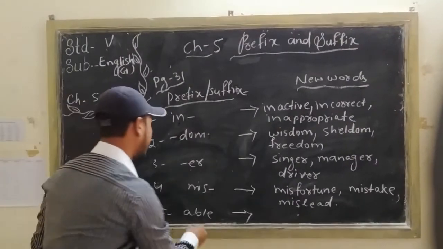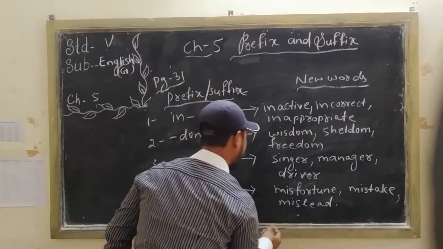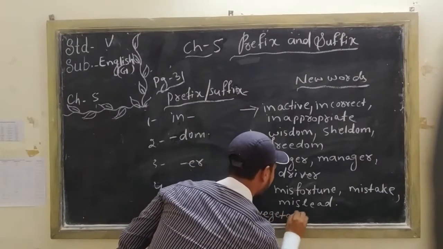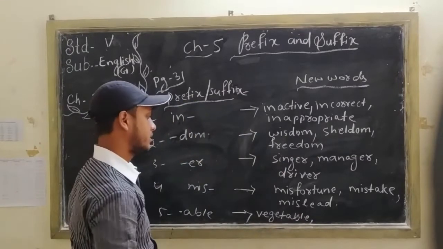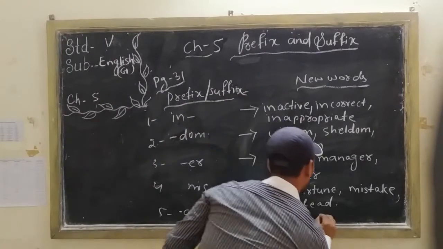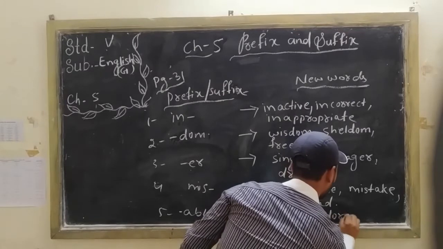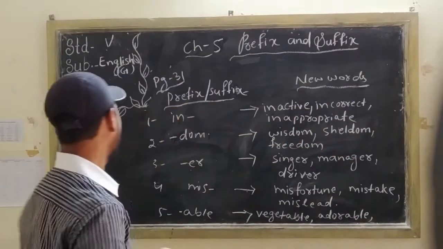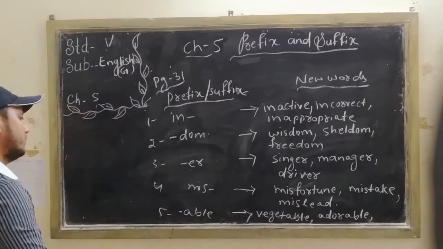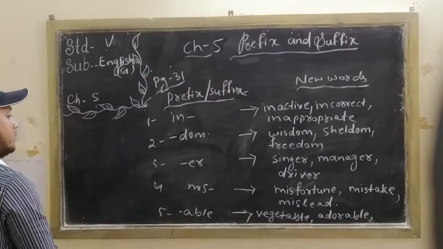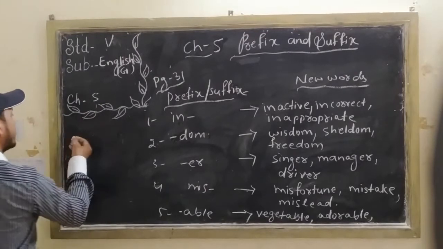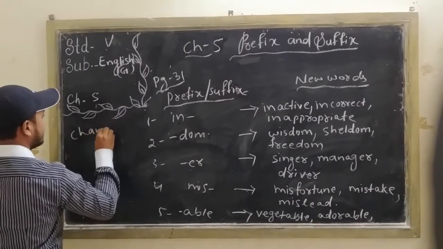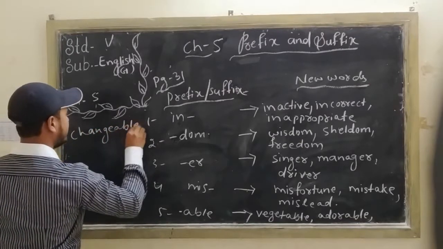Able: vegetable, adorable. One more new word I am adding here: changeable.